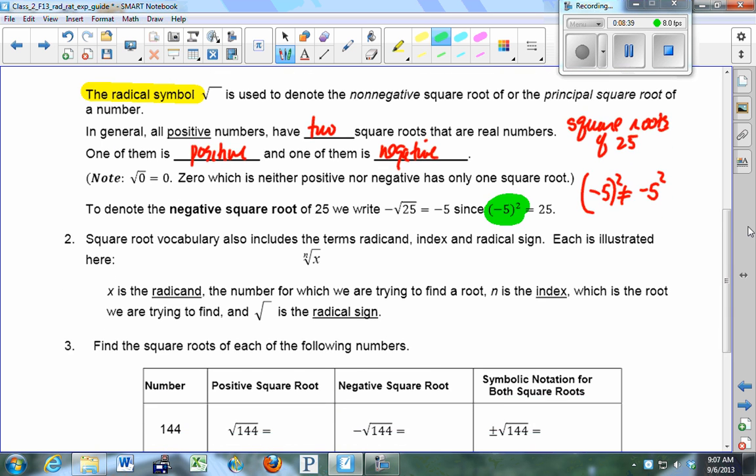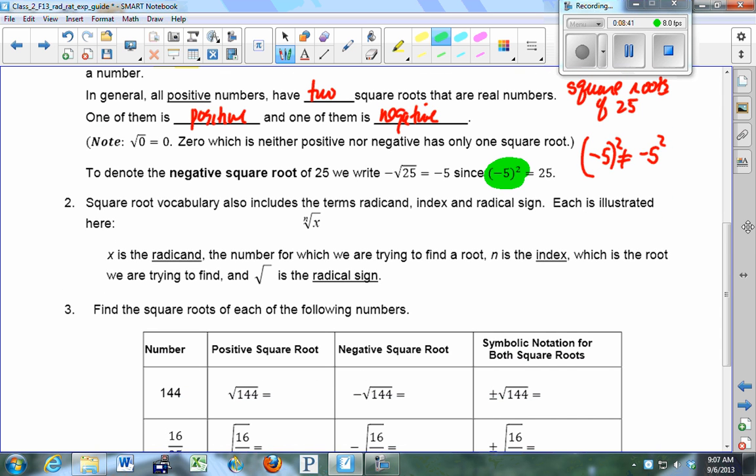And that's something we go over in a Math 096 class or a 106 class. This says square negative 5. Negative 5 times negative 5, boom, 25. That's what that says.